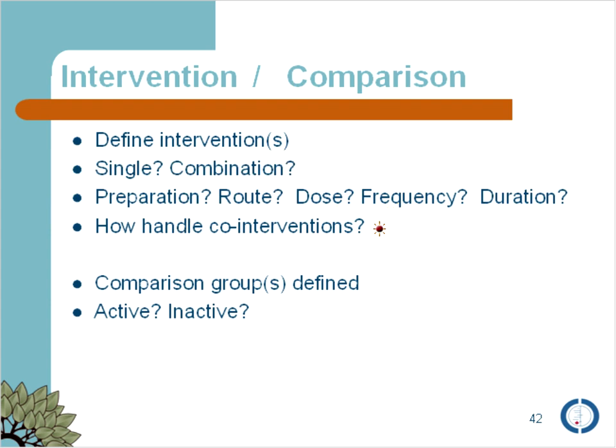Thinking through other things that might be encountered in studies, how are you going to handle them? That's the intervention. And for the comparison, how are you defining your comparison or control group? Is it an active one, like a different drug or a different kind of therapy, or is it inactive, something like providing no treatment or a placebo? So these items you need to outline.